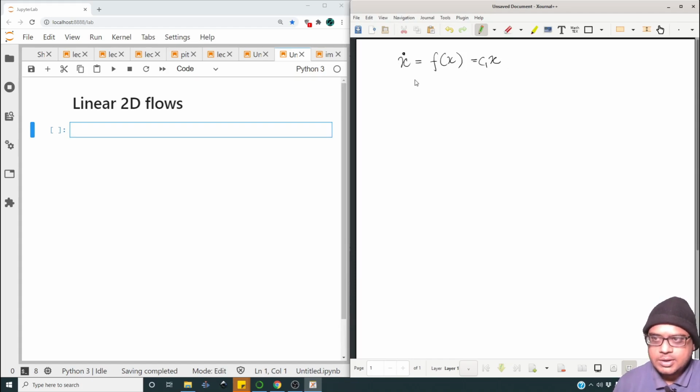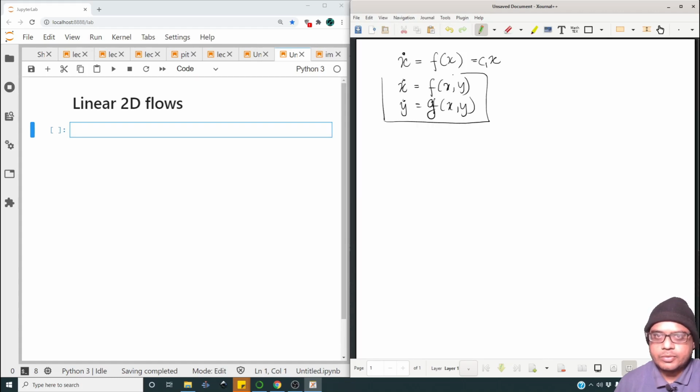What do we mean by linear 2D flows? For two-dimensional flows, first of all, we must have x dot equal to some function of x and y, and y dot equal to some other function of x and y. This essentially encompasses two-dimensional flows.